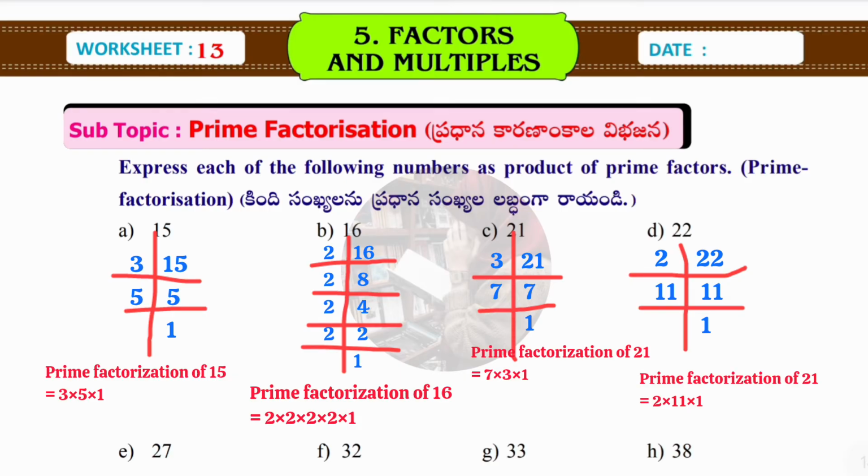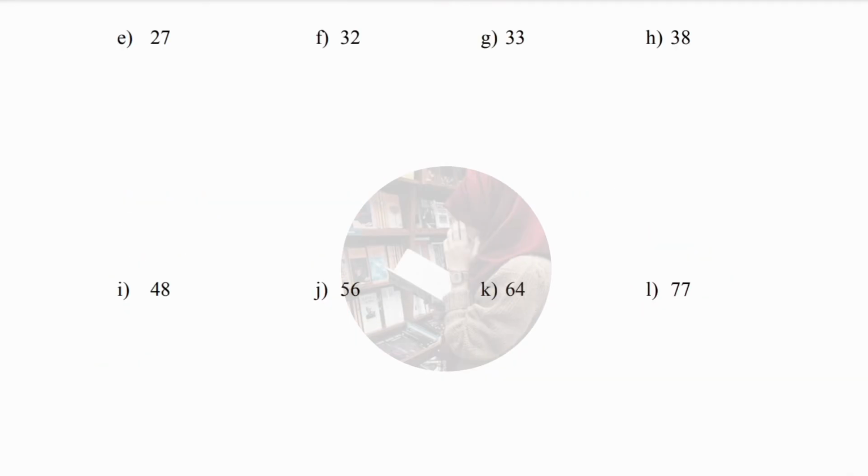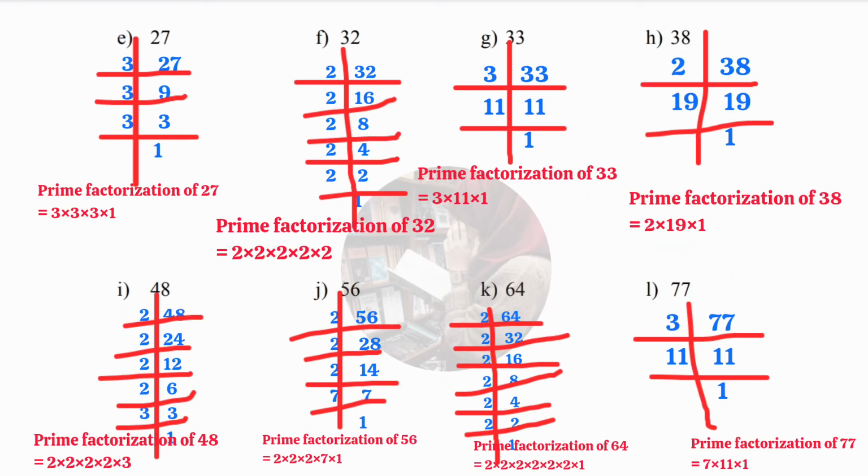Therefore, prime factorization of 22 is 2 into 11 into 1. Like that you have to do for the rest of the numbers. Now we'll move to the next number, which is 27. So 3 into 9 27, 3 3's 9, 3 1's 3. So prime factorization of 27 is 3 into 3 into 3 into 1.